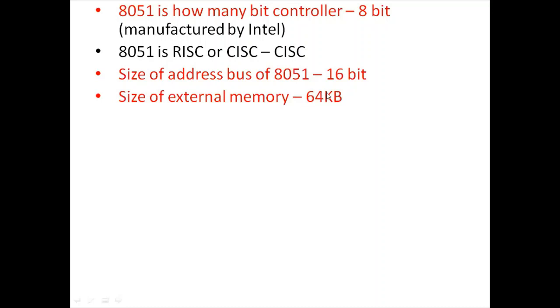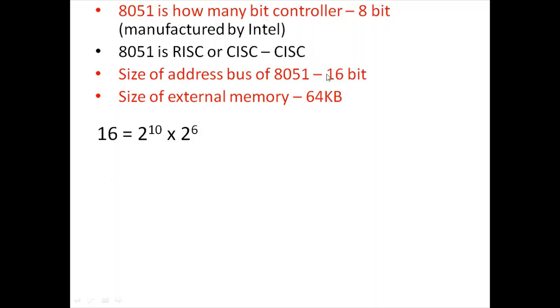How do you get this? Let us see. The address bus of 8051 is 16 bit. Whatever I'm explaining, you can get a question on how many address lines a memory requires, or if n address lines are present, then what is the memory capacity. So I'm trying to explain through an example.